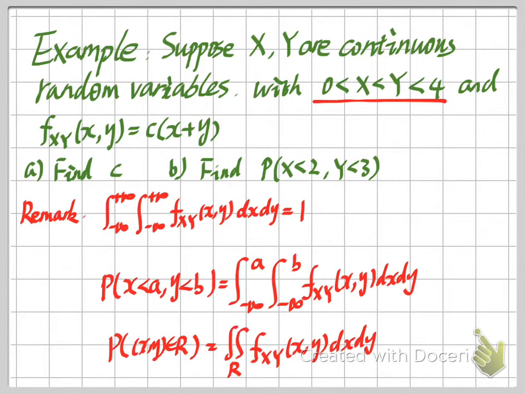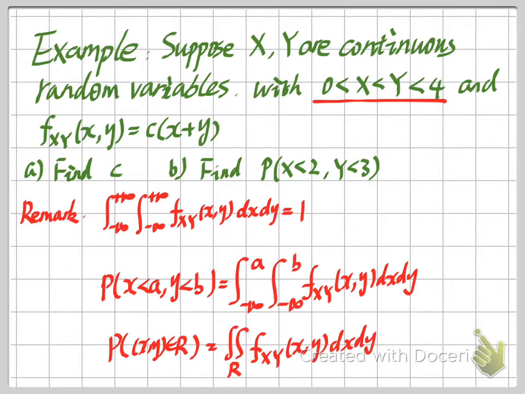If we want the probability of (x, y) in a region R, we use the double integral with respect to x and y over this region of our joint probability density function. In this question, the definition is very straightforward. The most difficult part is still how to compute this double integral and how to find the upper and lower limits.